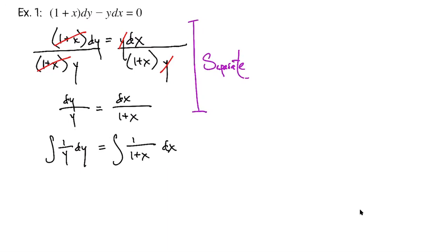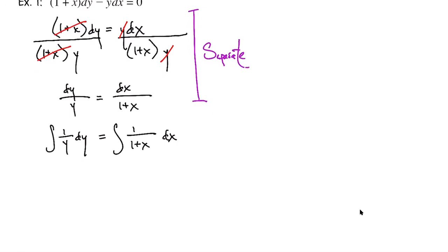I think these are both things that we can integrate, right? The left-hand side is very straightforward. It is the natural log of the absolute value of y, plus c, and that's going to equal the natural log of 1 plus x, because I had to do a u sub, but the coefficient of x is 1, so it didn't actually introduce a new coefficient into my solution.